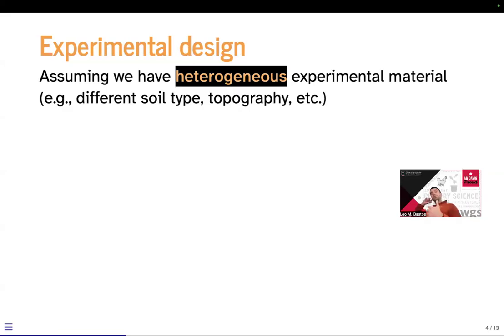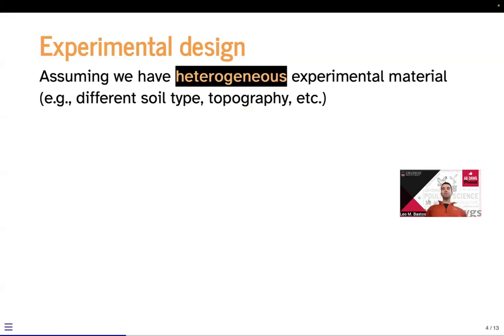And if you know the size of your plot, let's say I know my plot's going to be at least 4 rows and at least 30 feet long, you have an idea of the area you need, and then you call your farm manager and you say, hey, do you have 1 acre of homogeneous soil for me to run a trial? They may say yes, but if they come back and say, hey, I have about half an acre in one soil type and another half acre in another soil type, they're right next to each other, do you think that would work? It would work if we use the proper design, right?